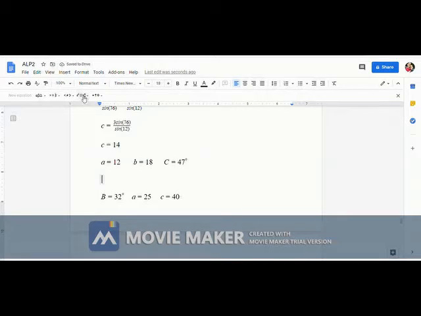So we'll set c squared equals a squared, or 144, plus b squared, or 324, minus 2 times 12 times 18. That's just 2 times these other two sides, times the cosine of the included angle.